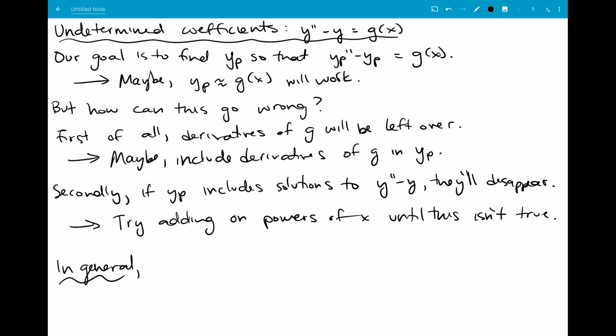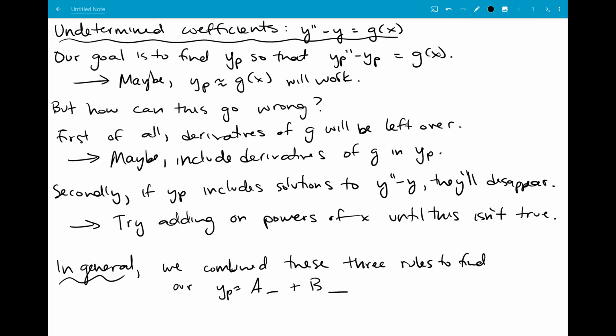So in general, we combined these three rules to find our y sub p equals a times something plus b times something plus c times something, and so forth, for undetermined coefficient problems.